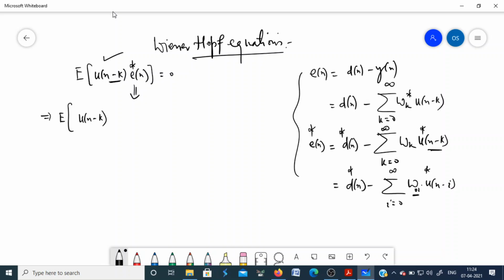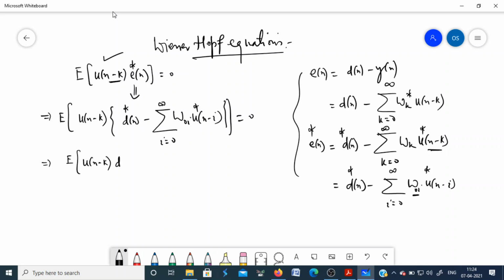In place of this e*(n), now you can replace it with this equation, that is d*(n) minus the summation over i from 0 to infinity of w_oi into u*(n minus i) equals 0. If you expand this equation, you can have E of u(n minus k) into d*(n) as one term.